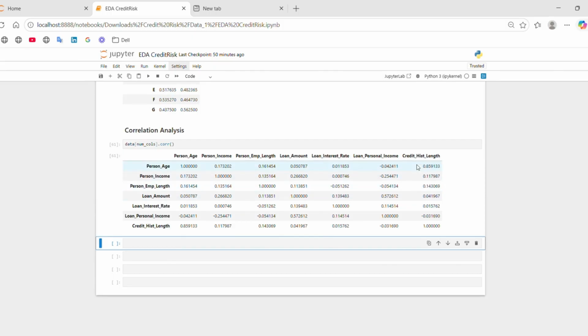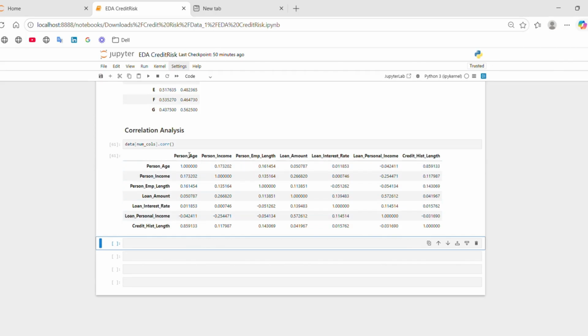This means that older people have longer credit history, and I think this is logical too. So we observe a high correlation between age and credit history. You can see in the bottom as well that person age with respect to credit history length has high correlation because older people typically have longer credit histories.